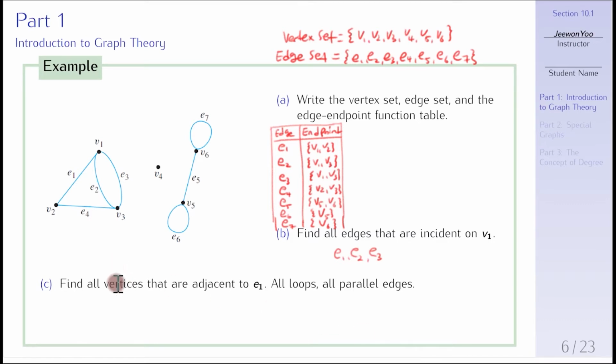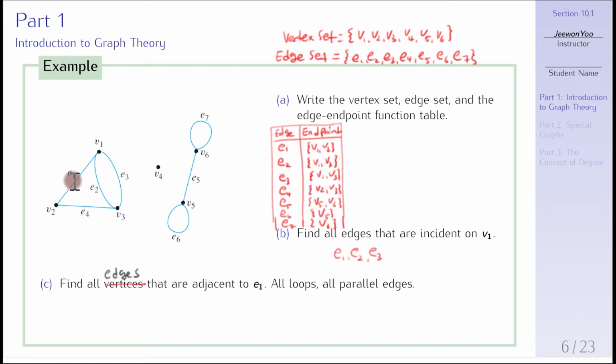Okay, next, find all vertices that are adjacent to E1. I think there is a typo. It must be find all edges that are adjacent to E1. It's actually, by the definition, two edges incident on the same endpoint are called adjacent.